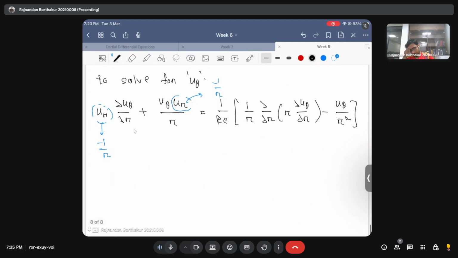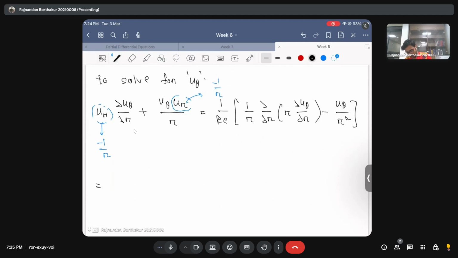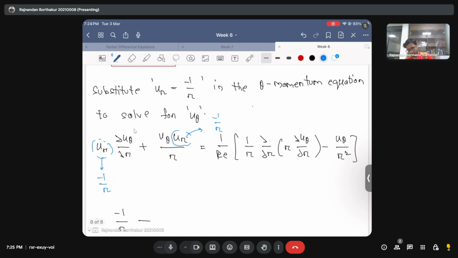Okay, so let's try to see what we get if we substitute u_r equal to minus 1 upon r here. So we get minus of 1 upon r times, see, remember u theta is also a function of r only, okay?